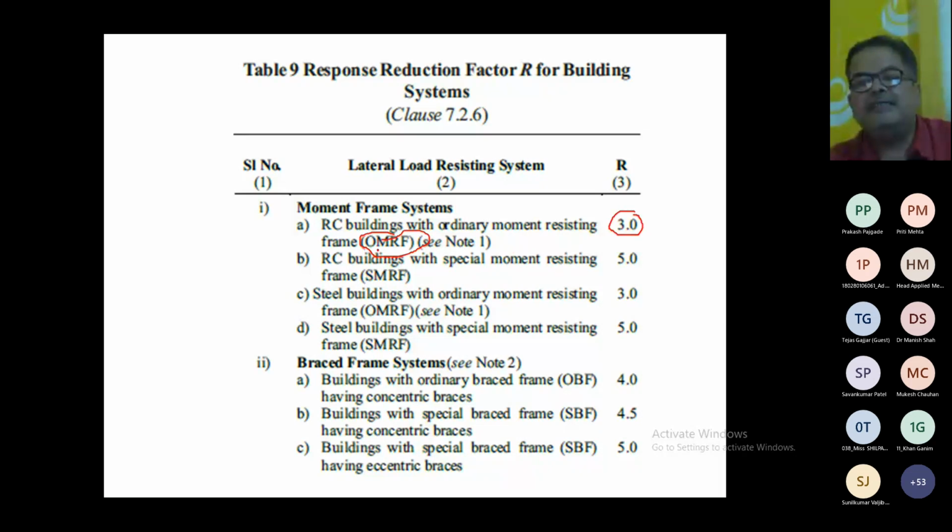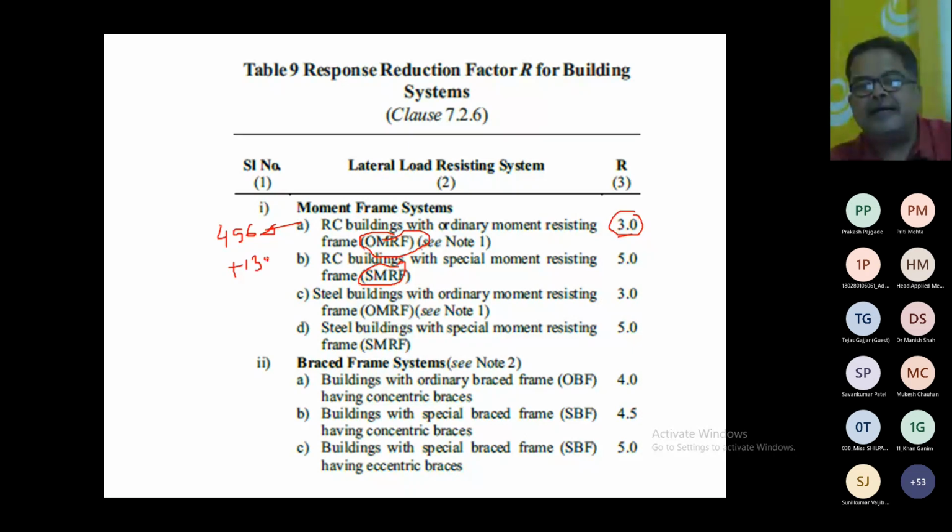OMRF means we follow IS 456 detailing, but the code for ductile detailing is not followed, and therefore the value is 3. But SMRF is a special moment resisting frame, where you have IS 456 plus IS 13920 detailing.